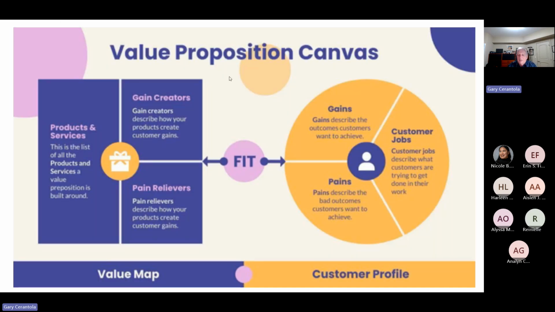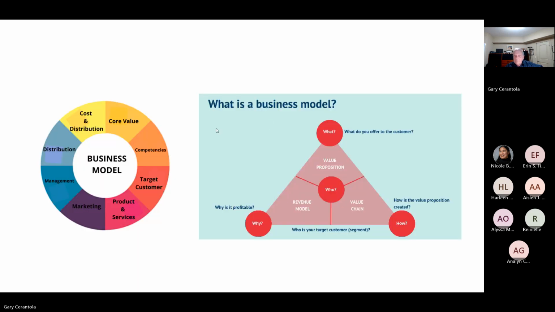And here's Mr. Osterwalder, he's one of my heroes. Here's one of the best value proposition canvases that you can work with, and I'll talk about that a little more when we get into the ideal customer, because this is something you should understand before you even start the ideal customer workings.